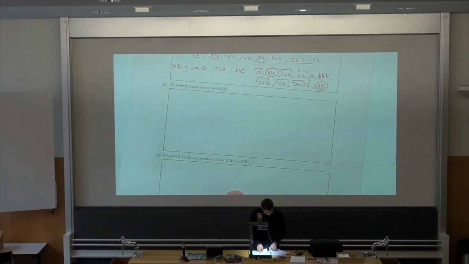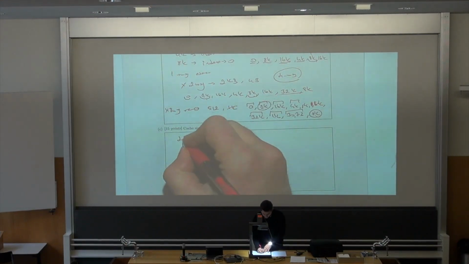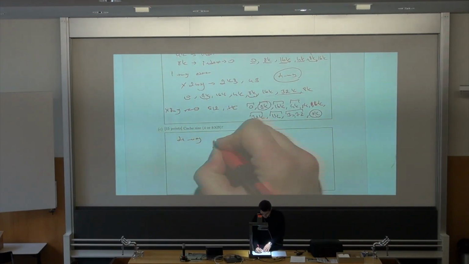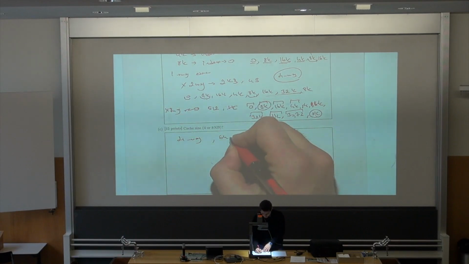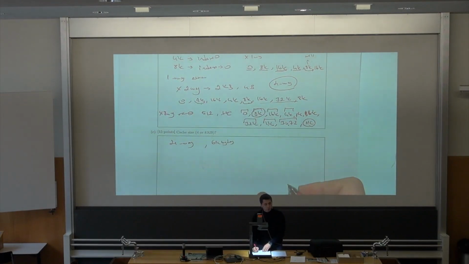So the cache size. We know that this is a 4-way and block is 64 bytes. And we are asking if the cache size is either 4 or 8 kilobytes.